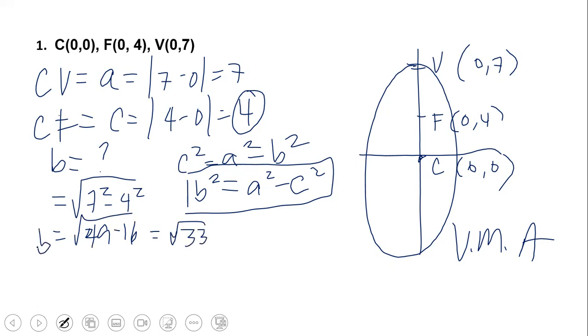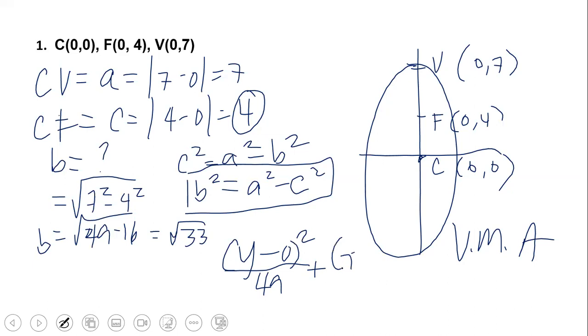So if we're going to represent this in the standard form, class, you have y minus 0 quantity squared over, our a is 49, plus, so this is an ellipse.